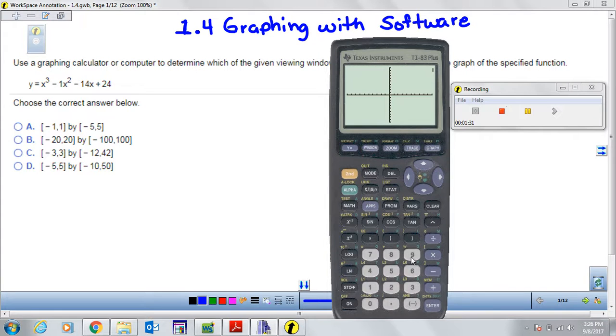So this will reset the screen to the factory settings, let's say. The factory settings is that our x-axis will show us all the values from negative 10 on the left side to positive 10 on the right side. And for the y-axis, same thing, from negative 10 to positive 10.